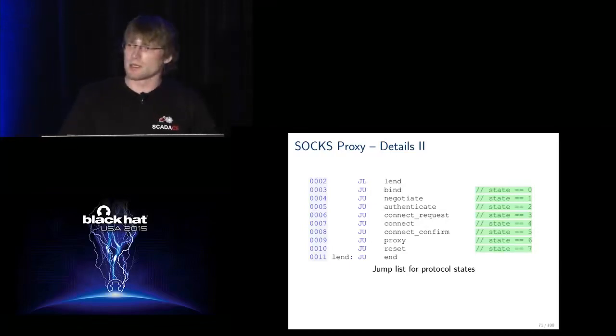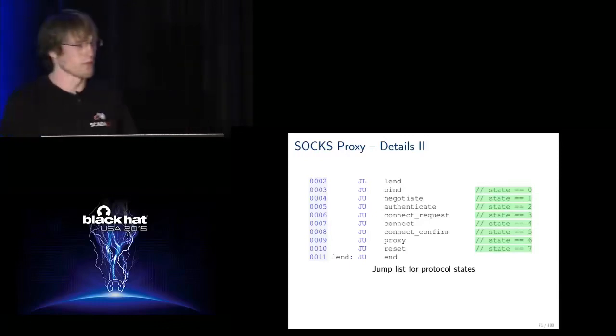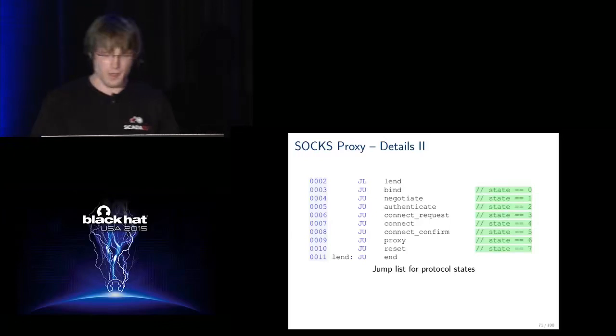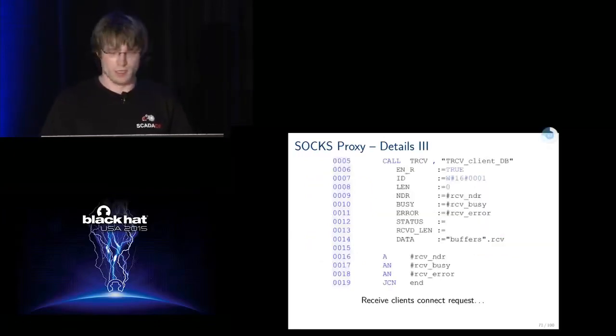The client sent us a packet with authentication methods he supports, but we just ignore it because, as I said, we support no authentication, so we send him an authentication offer of 0, which means no authentication at all. Then the client has to send a connect request, which we receive here.